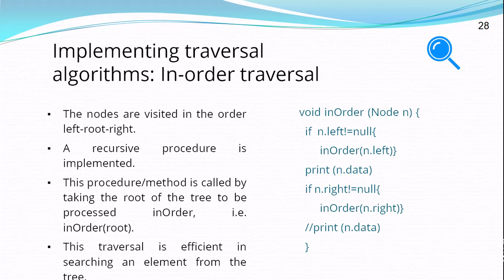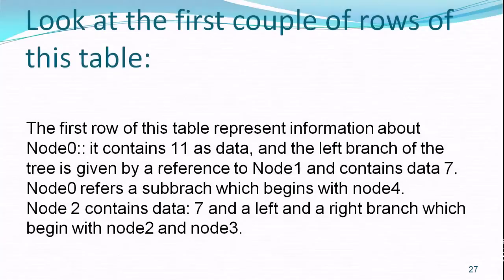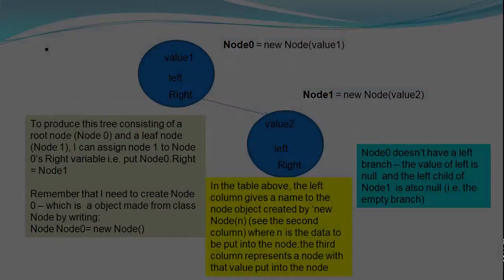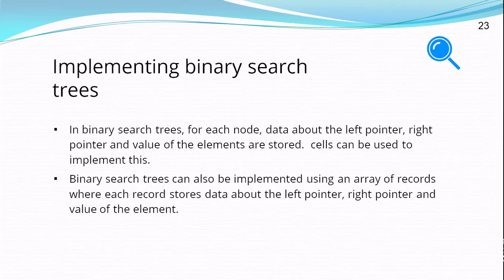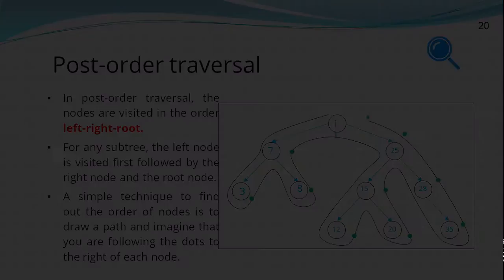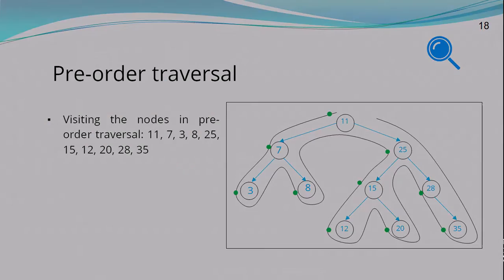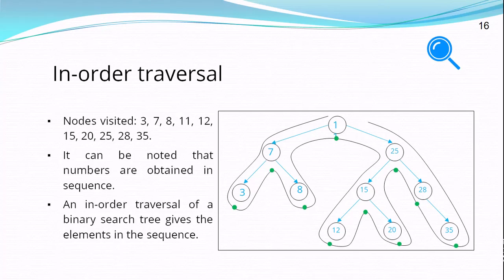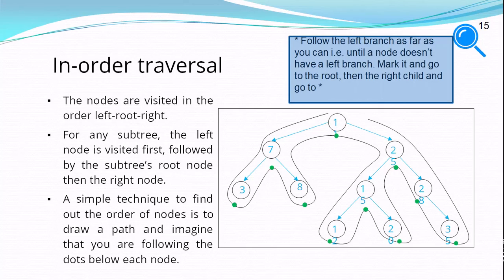And can anyone tell me what inorder does? Let's check it out. Let's go way back. There's postorder, preorder, inorder. Alright, it's explore the left branch, visit the root, and then explore the right branch.